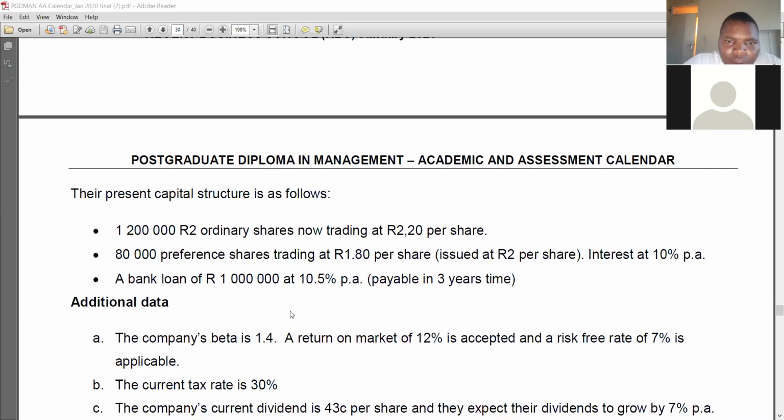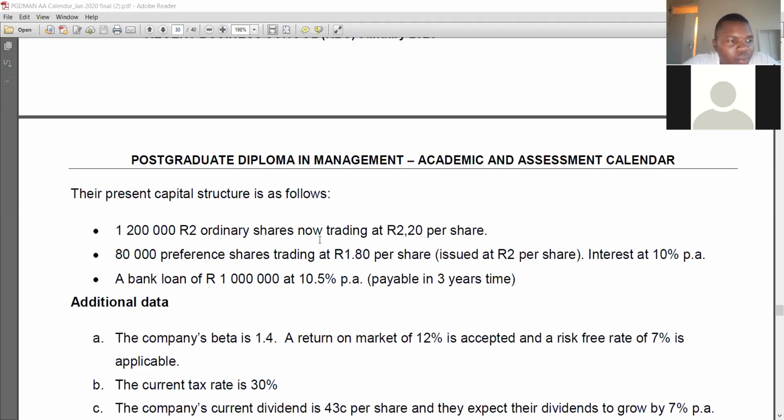Basically, I hope that you are aware that when you're calculating your weighted average cost of capital, you have to go through 3 steps. The first step, you calculate the market values of those forms of capital, like ordinary shares, preference shares, bank loan, debentures.